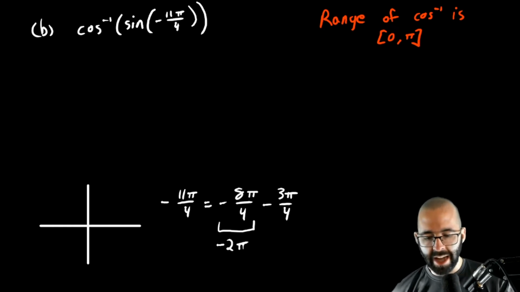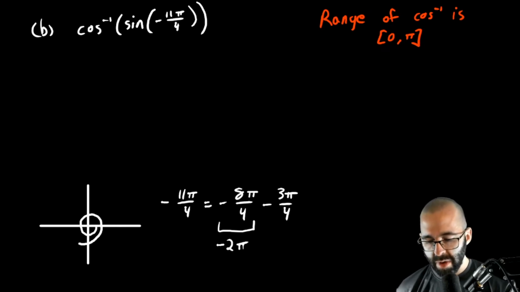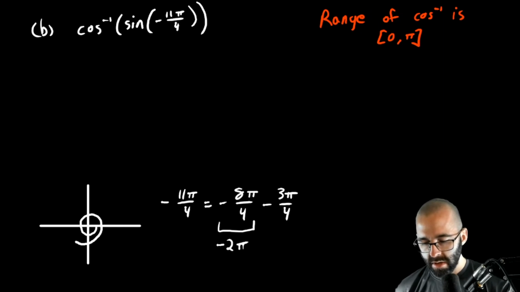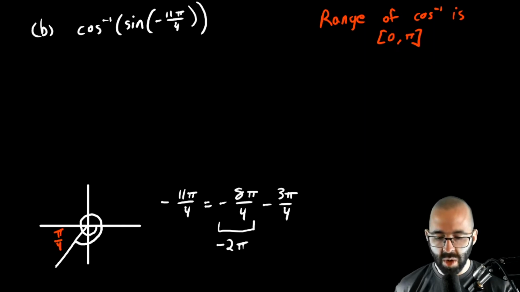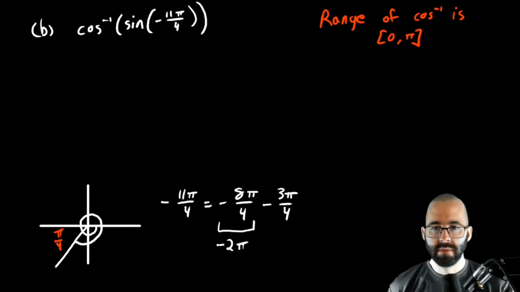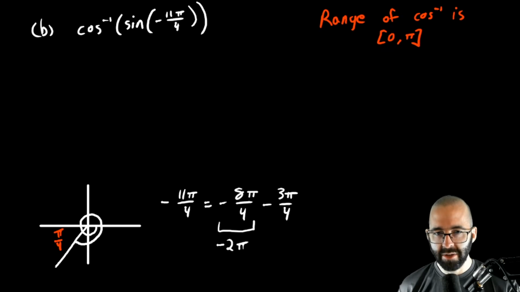So this is going down 2 pi and then another 3 pi over 4, which is right here, a reference angle pi over 4 in the third quadrant. That should be negative 11 pi over 4.